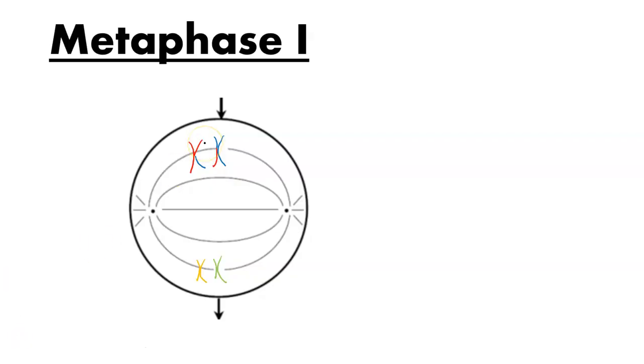All right, let's go ahead and label some structures again. So you still have this pair of homologous chromosomes. And they are still synapsed, or still connected together. So we are still going to call this a tetrad as well.